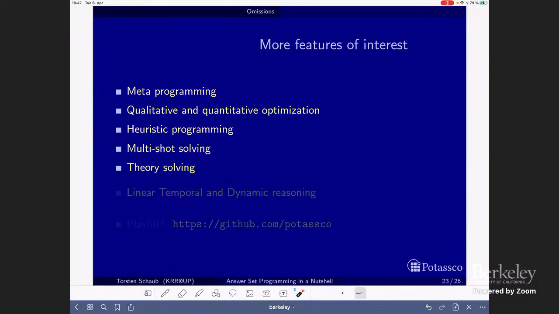You can add information, retract information, change the configuration of the solver on the fly, or get a model, analyze it, feed something back. So more or less, the solver is an object with which you can interact. And what we were doing recently, we were actually augmenting ASP with linear temporal and dynamic reasoning, actually to tackle temporal problems.